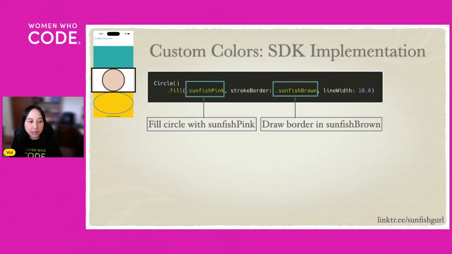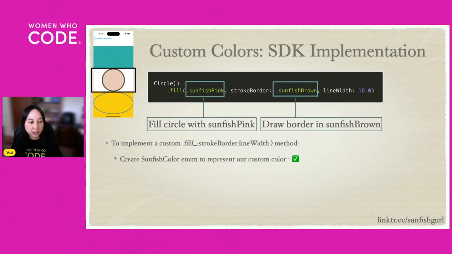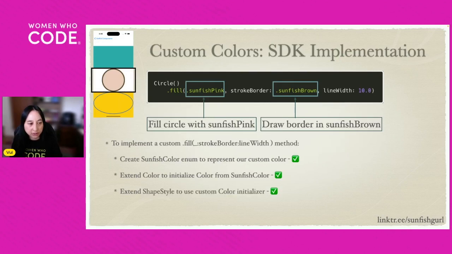Since we are implementing a completely new view modifier, most of the steps have been done except for the last one. So to implement a custom fill view modifier method, we need to create a sunfish color enum. We need to extend color to initialize color.